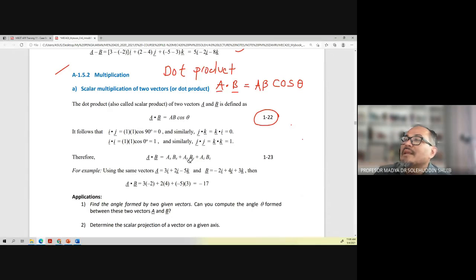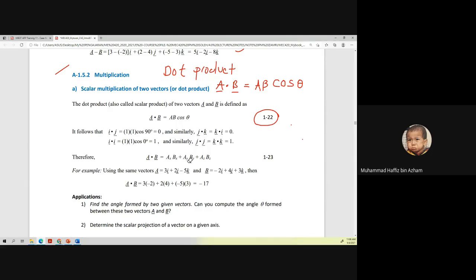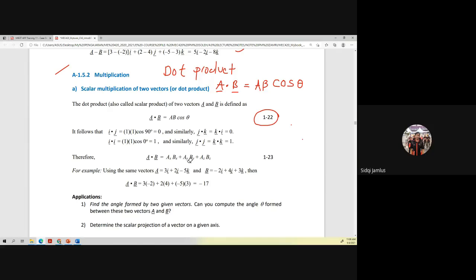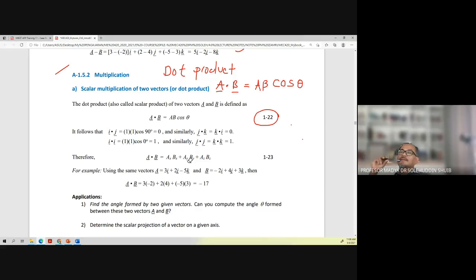So what is cosine 90? Cos 90 is 0, right? So 1 times 0 is 0. So j dot k also equals k dot i. So it is 0.